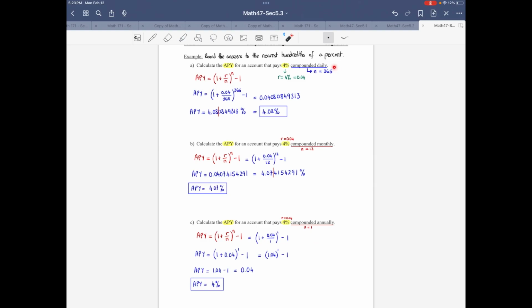Notice that the more compounding I have per year, the higher APY I have. This one is compounding 365 times a year. APY is 4.08%. This one is compounding 12 times a year. APY is 4.07%. This one is compounding once a year. APY is 4%.